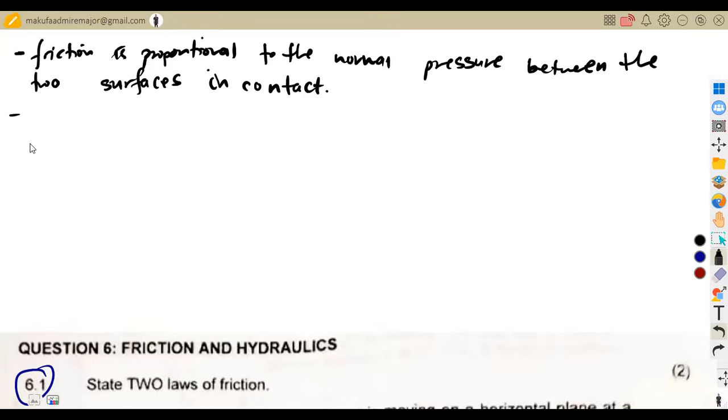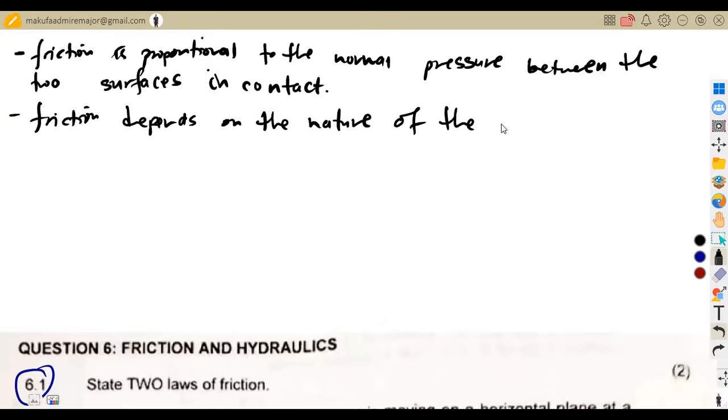And also that friction depends on the nature of the surfaces in contact.